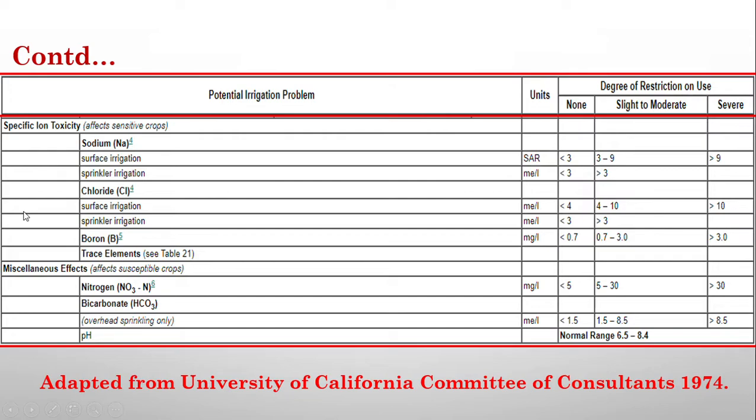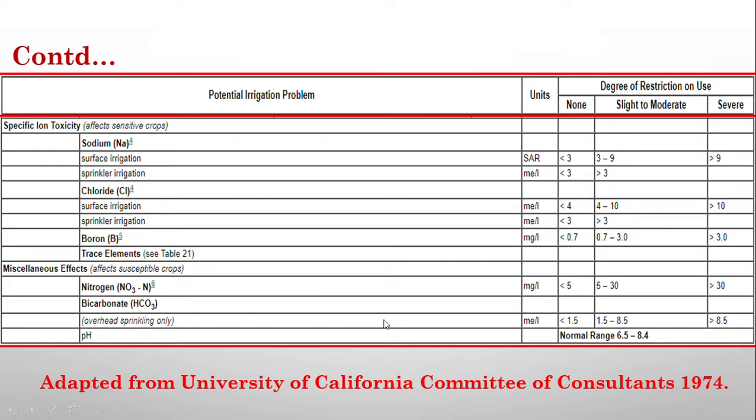Other miscellaneous ions which can cause some problems to crops are nitrogen, bicarbonate, etc. When nitrogen is less than 5, we can use that for irrigation. When it is greater than 30, we cannot use it. Bicarbonate, when present, can be used only in overhead sprinklers.